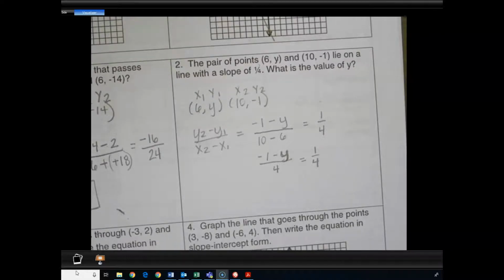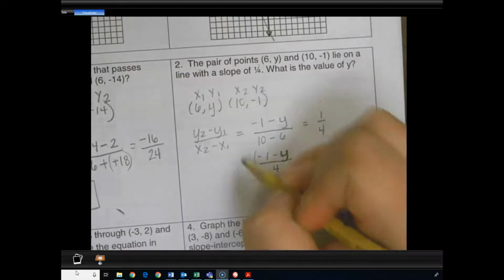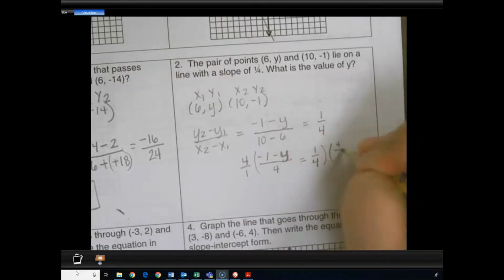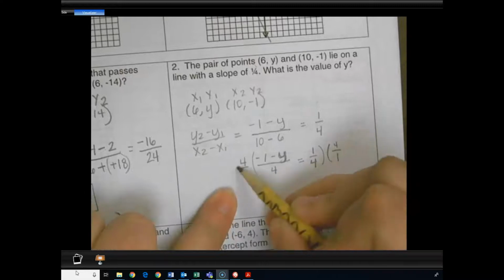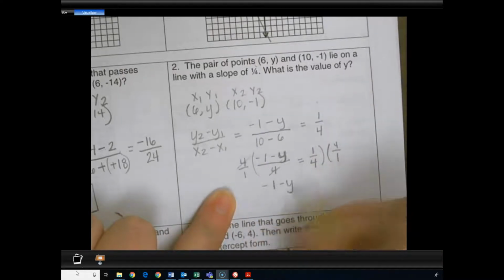I'm going to multiply both sides by 4, because that's going to get rid of this fraction. These are going to cancel, leaving me with negative 1 minus y equals 4 over 4, which is 1.